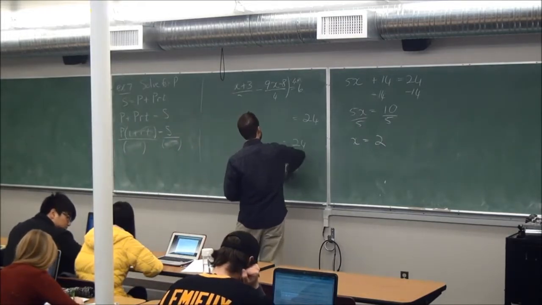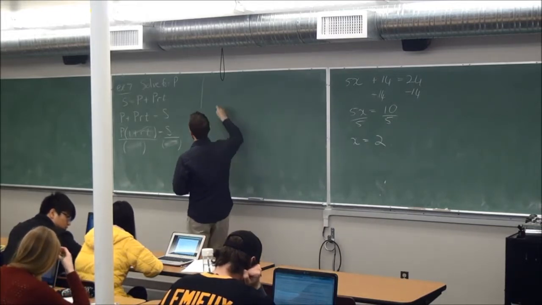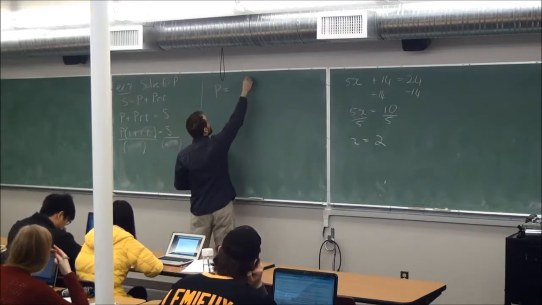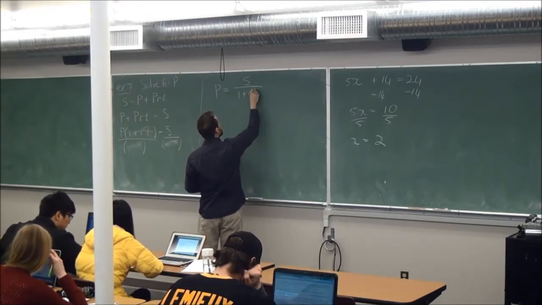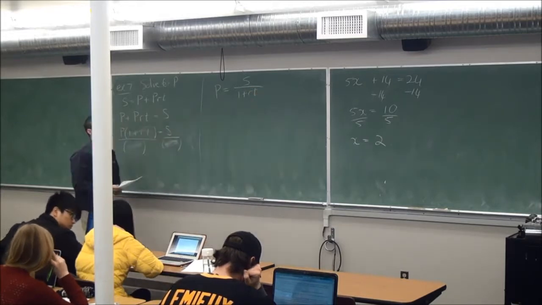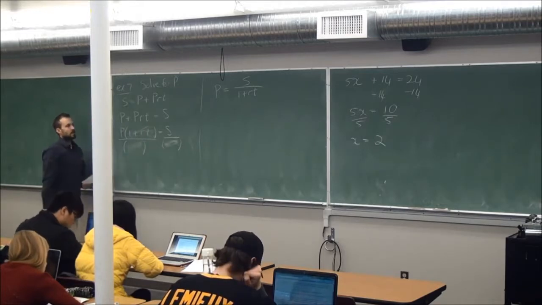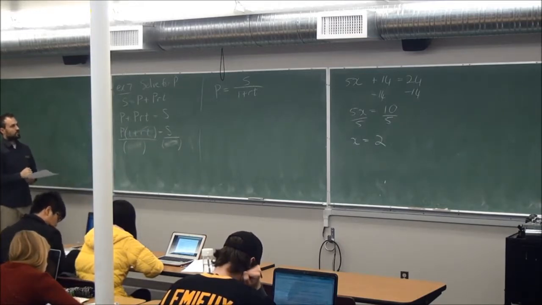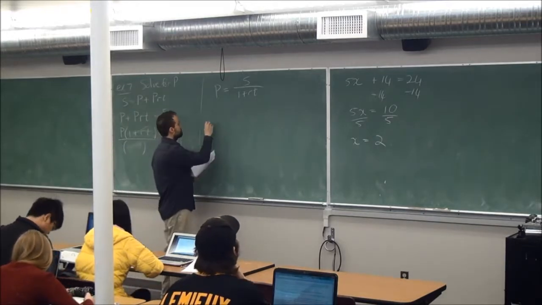Those brackets just keep all of those together. It doesn't matter what's inside the brackets. And then I have P equals S over what's inside the bracket, 1 plus R times T. My rule is applied to this bracket really, dividing both sides by the same thing. Doesn't matter what that thing is or how complicated it is.